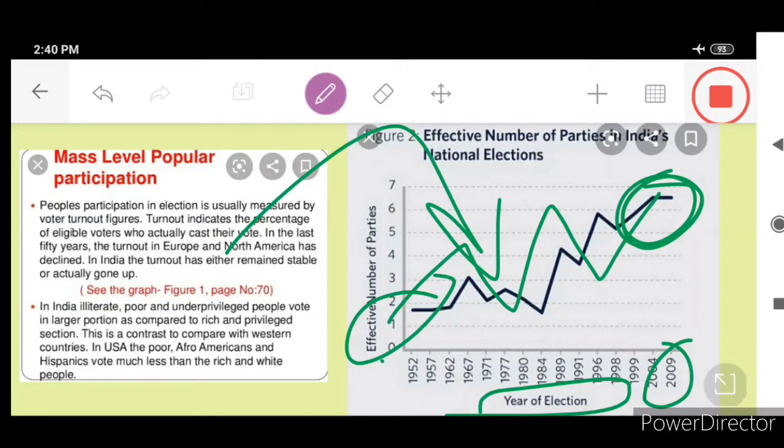Dear students, the interest of the voters in election-related activities has been increasing over the years. In 2004, more than one-third of voters took part in campaign-related activities.